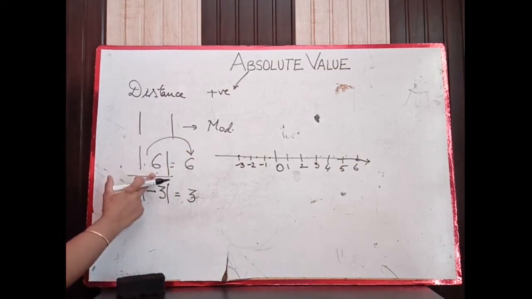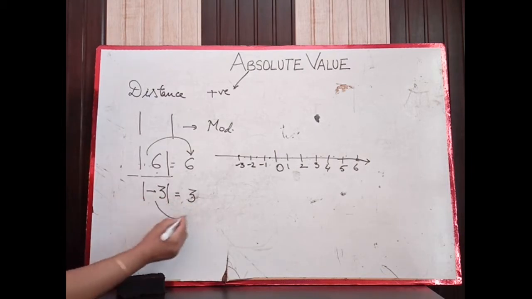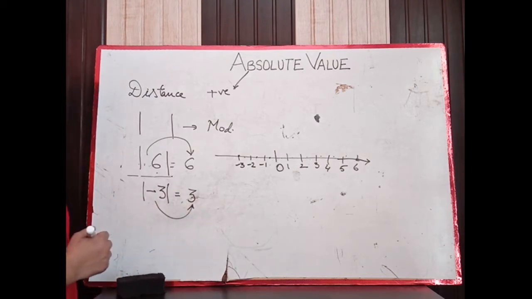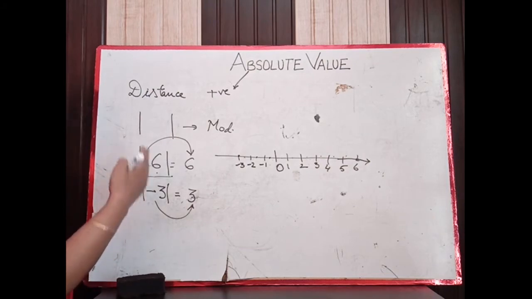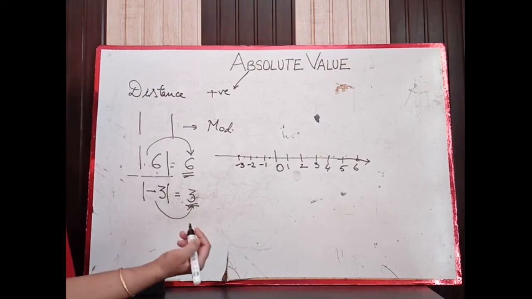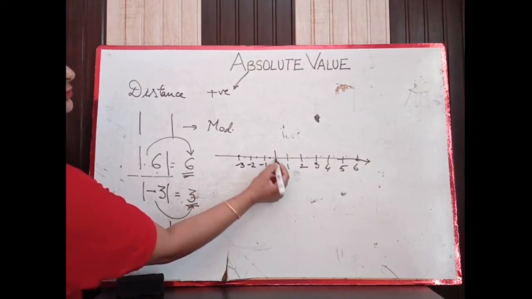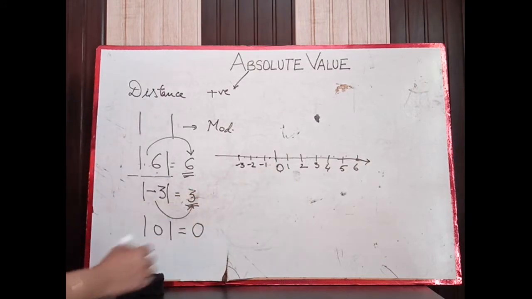The distance of 6 from 0 is 6. The distance of minus 3 from 0 is 3. Whether we find the absolute value of a positive or a negative number, the answer will always be a positive number. If we find the absolute value of 0, what is the distance of 0 from 0? 0. So this answer will be 0.